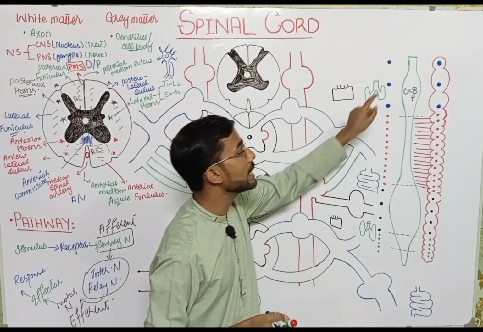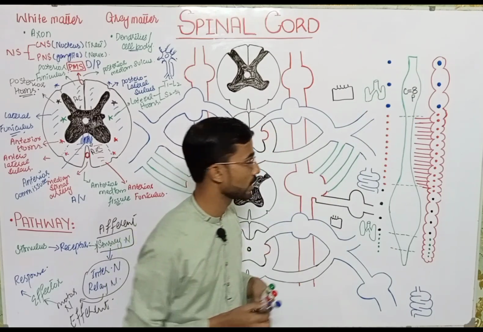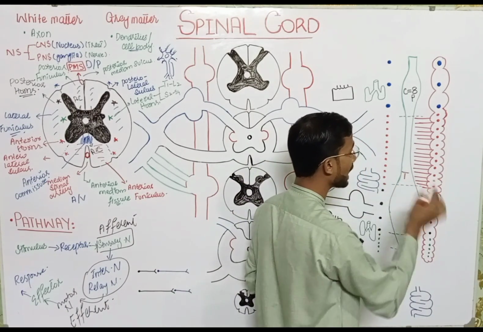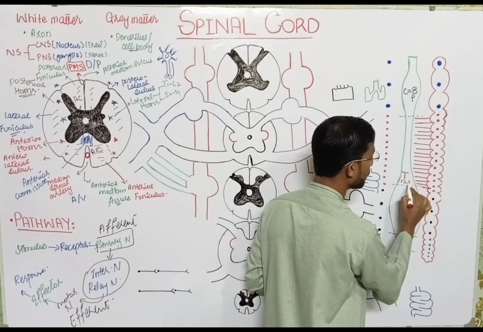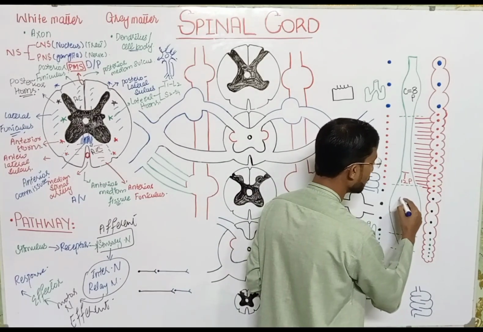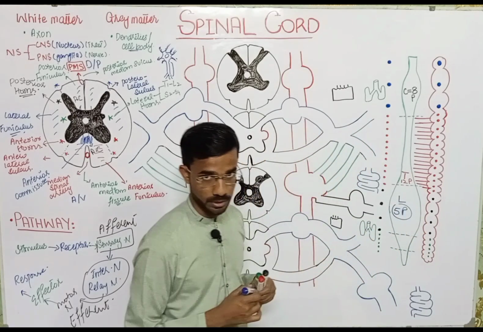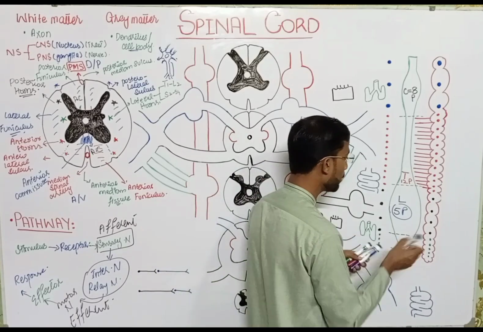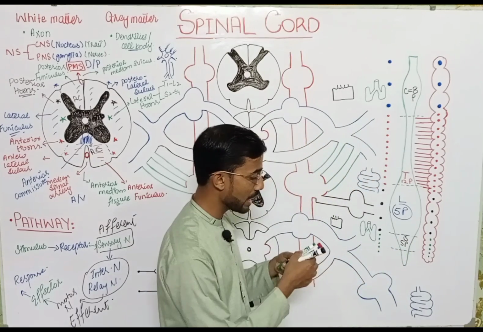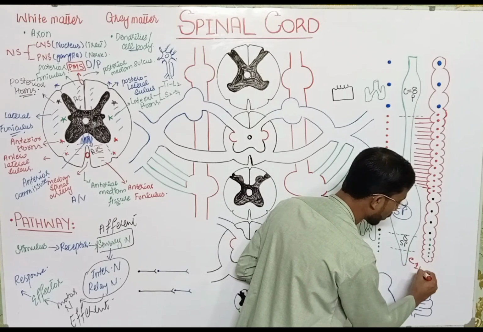Next is the thoracic region, with 12 pairs of spinal nerves. Then the lumbar region, with 5 pairs of spinal nerves. At the sacrum level you will see again 5 pairs, and last is the coccyx region, with 1 pair of spinal nerves.